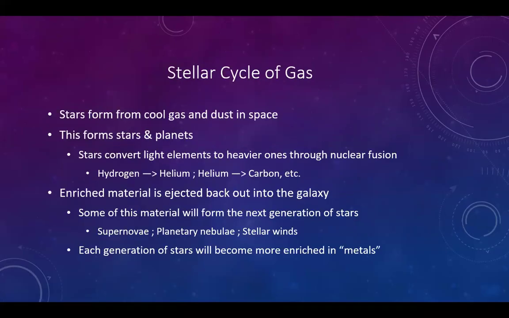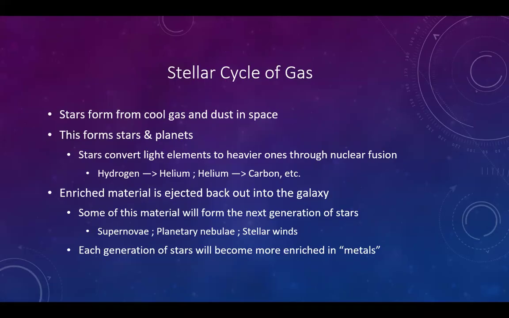So, the cycle of gas is that stars form from cool gas and dust in space. This condenses to form stars and planets. Stars will convert light elements to heavier elements through nuclear fusion. So hydrogen into helium, helium into carbon, etc. This peaks at iron.